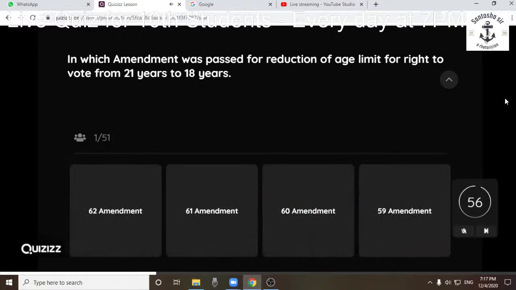You can add +2 marks. In which amendment was the reduction of the age limit for the right to vote from 21 years to 18 years passed? Which amendment? You have 30 seconds more.